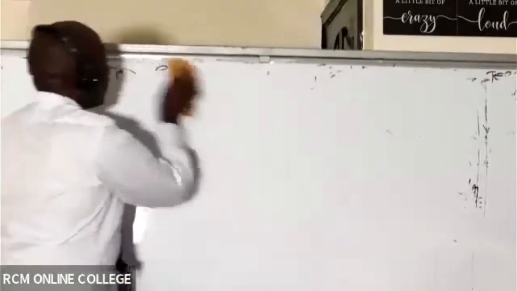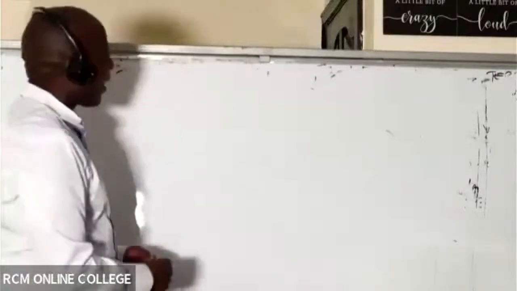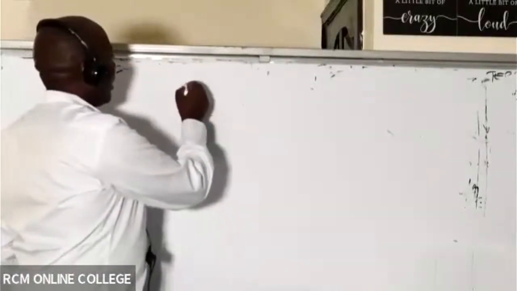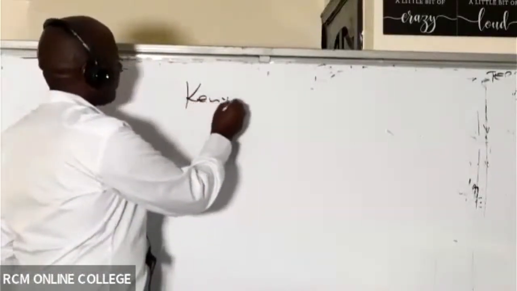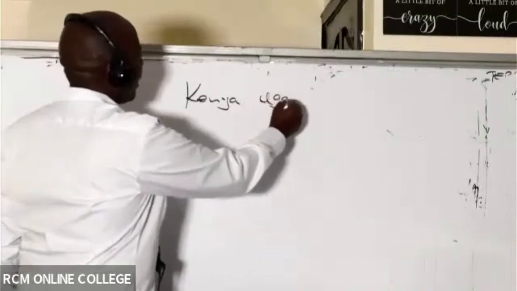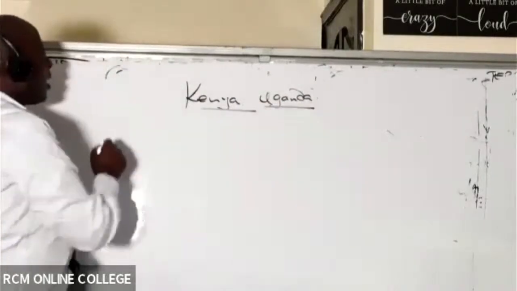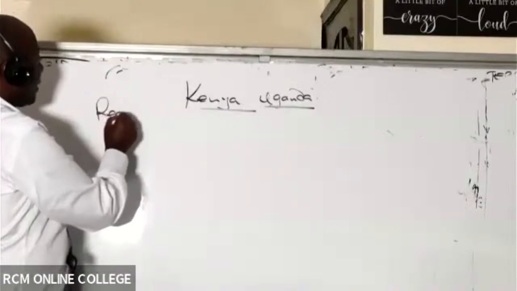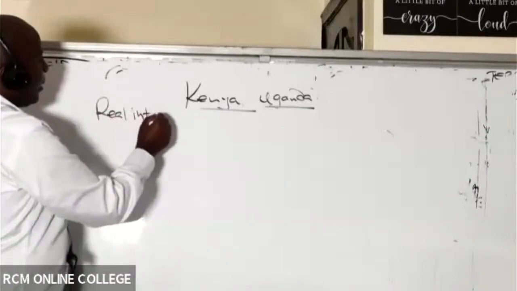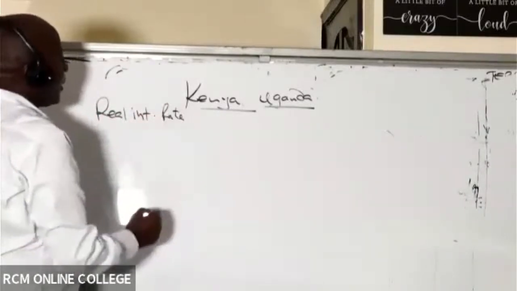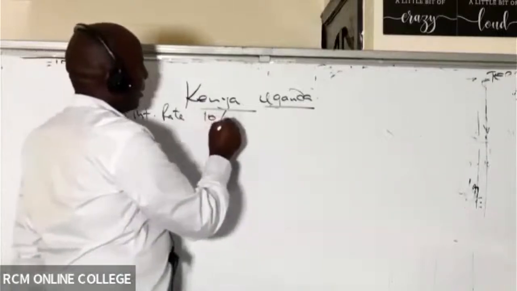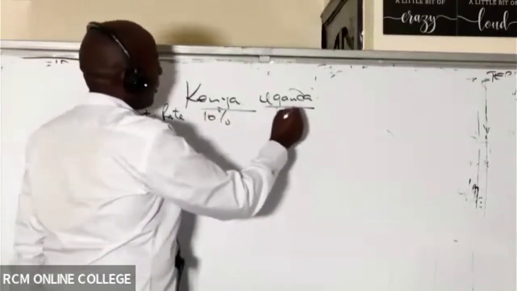Sasa tuangalie hapa Kenya, Uganda. Kenya and Uganda. So we have real interest rate, 10%, 12%.